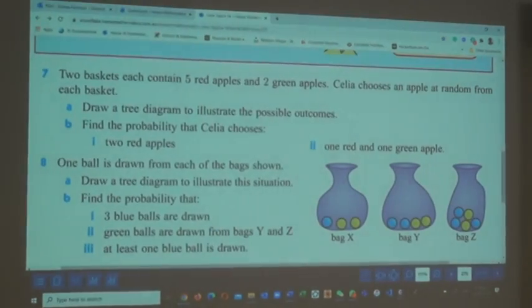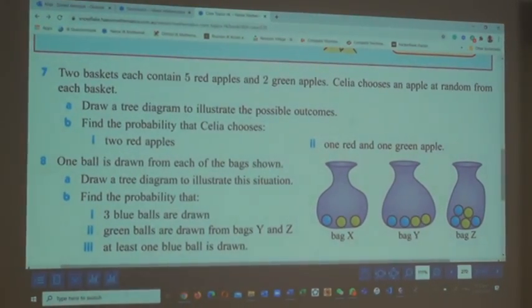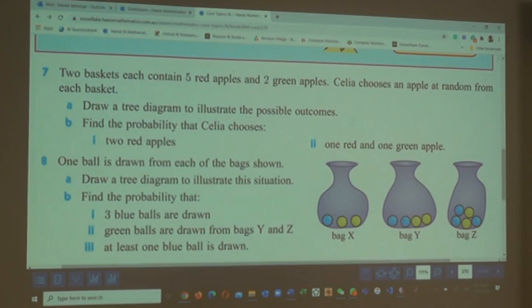So the second one says 2 baskets contain 5 red, green apples. Celia chooses an apple at random from each. Is this a dependent or independent situation? You choose an apple from each basket.